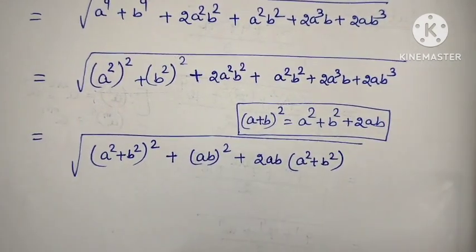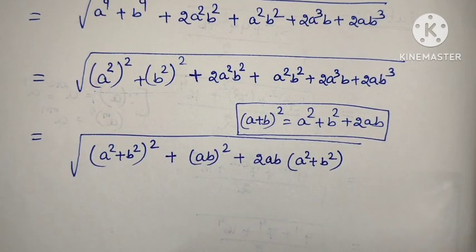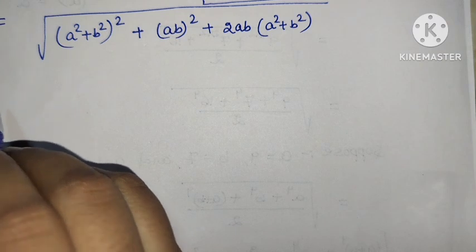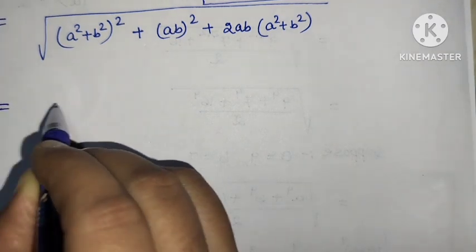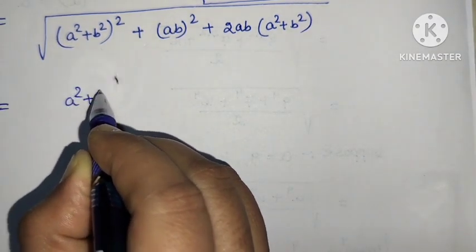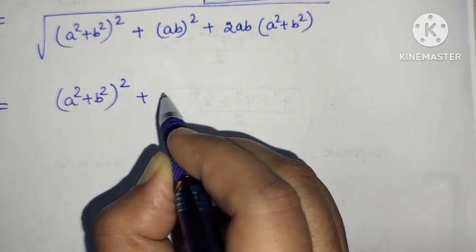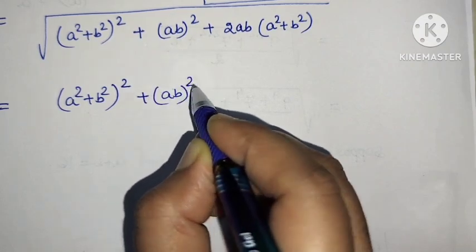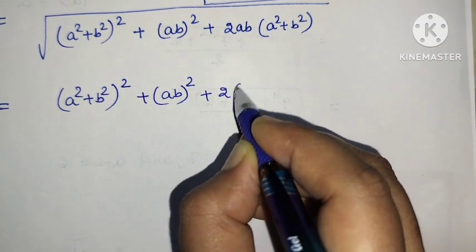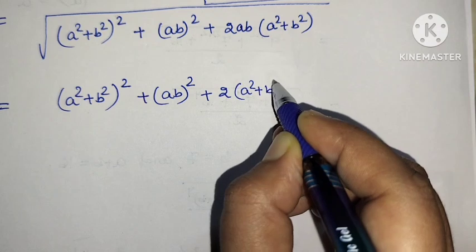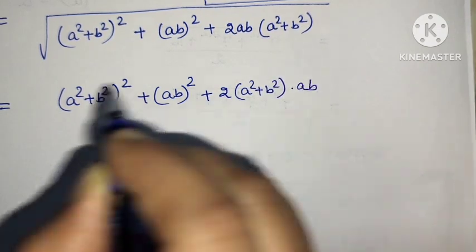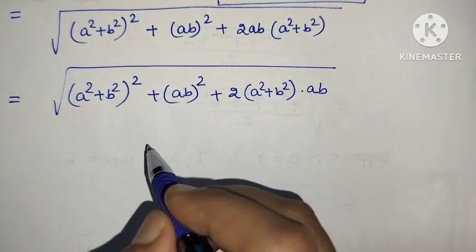Then the next step is A square plus B square whole square plus AB square plus 2 into A square plus B square into AB, root over.